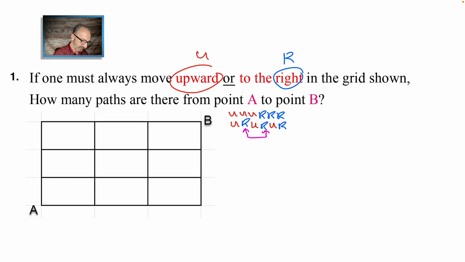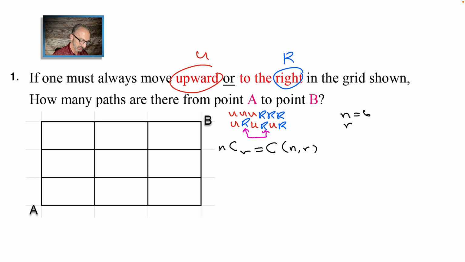What's combination? The formula goes this way. nCr, C for combination. Sometimes we write it C(n, r). And n here is 6: 6 steps, 3 U's, 3 R's, a total of 6. Looking at R's as an example, putting them in 6 places, that is called combination, where order does not matter.